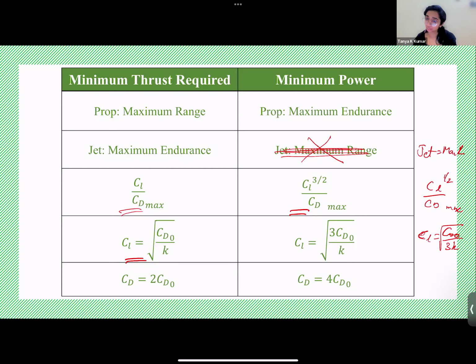Power generated is shaft power in propeller driven aircraft, and in jet it is thrust driven. But how do you think their functionality is different in terms of operation? Okay, let's just go to the slide, we'll see.